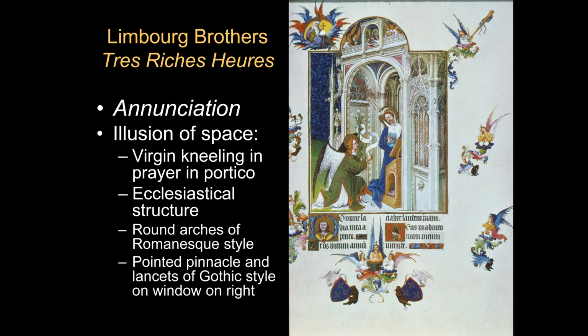Now, in this case, if you look at the pinnacle right next to it, just a slightly pointed arch on that window that's on the left. Excuse me, it's on Mary's left, it's our right. And it may not be as clear here, but we're going to talk about that later, what that may mean, at least in certain paintings. But you do see this mixture of architectural styles.